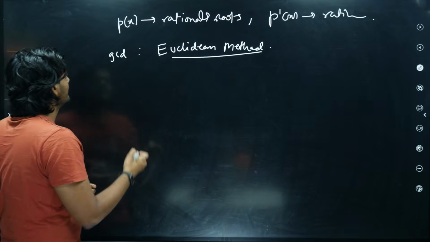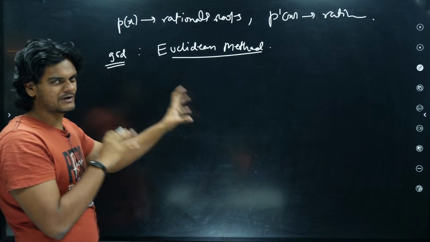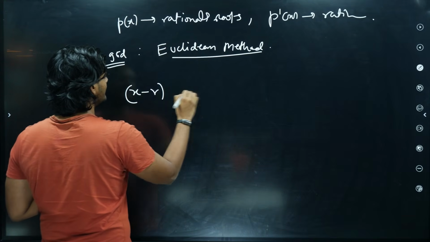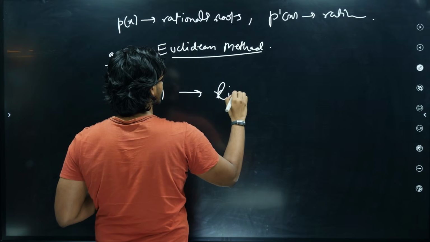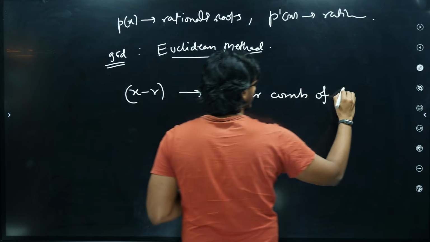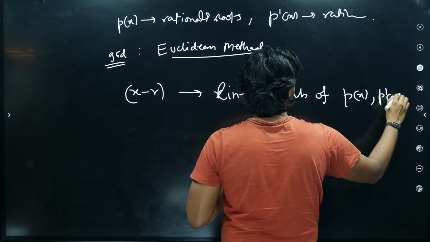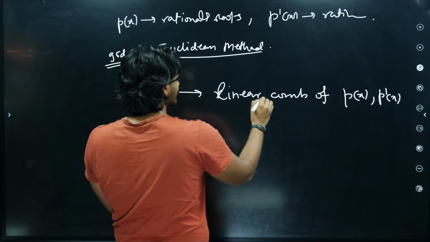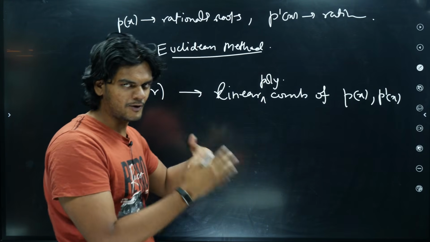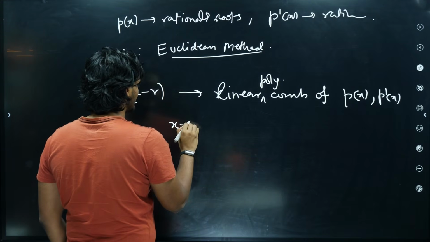So how do we do that? We did not work it out right now, but you know that x minus r will be a linear combination of p of x and p dash of x. Linear in the sense of a linear polynomial combination, with polynomials as multiples.